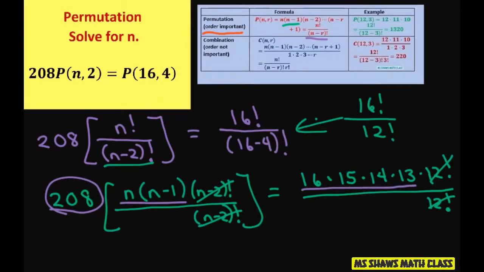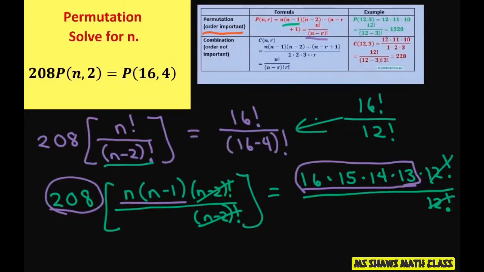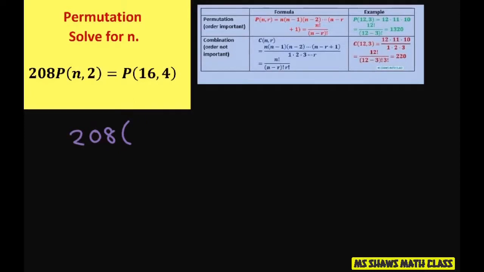So what I'm going to do is multiply these and then divide. So basically you're going to get 208 times n, so n squared minus n, equals, and our 16 times 15 times 14 times 13, that was 43,680.